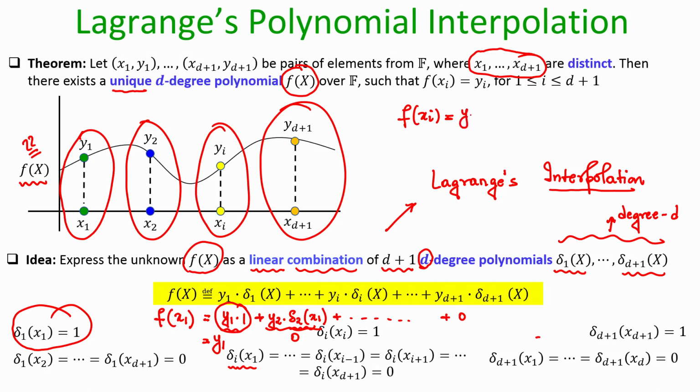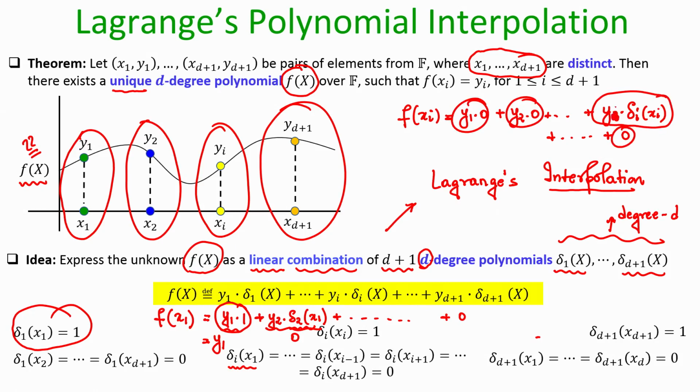So, I will get y 1 times 0 plus y 2 times 0, because delta 2 polynomial evaluated at x I will give me 0, and like that it is only the ith term in this f of x, which is y I times delta I polynomial evaluated at x I, that will survive, and remaining everything will become 0. So, this becomes 0, this becomes 0, last term becomes 0, it is only the ith term which will survive.